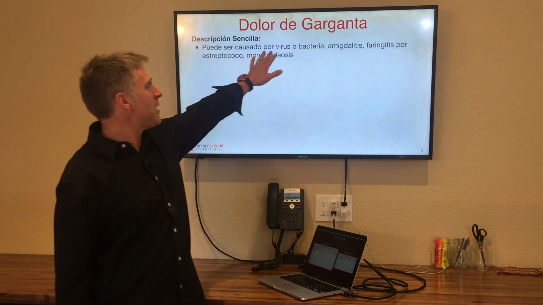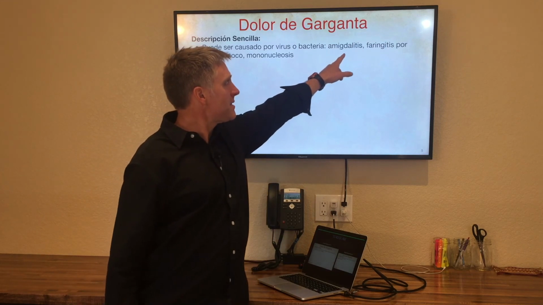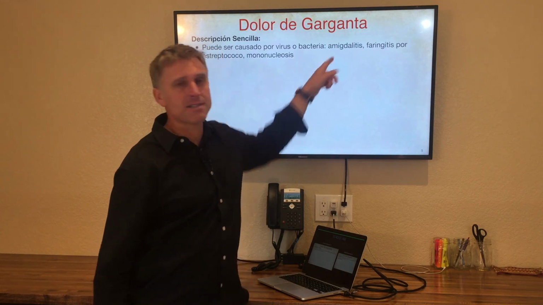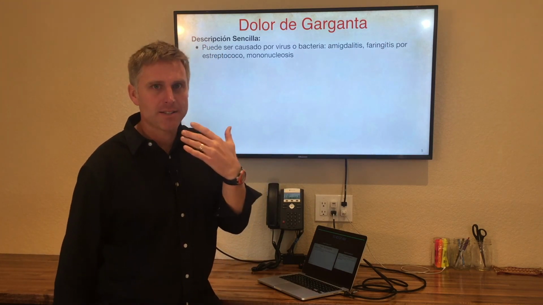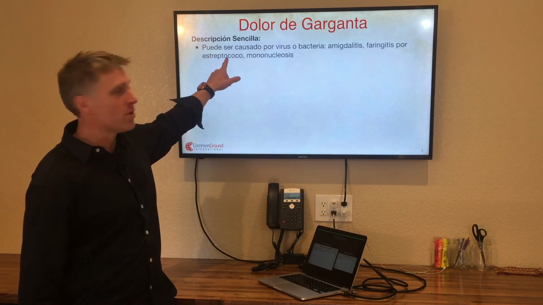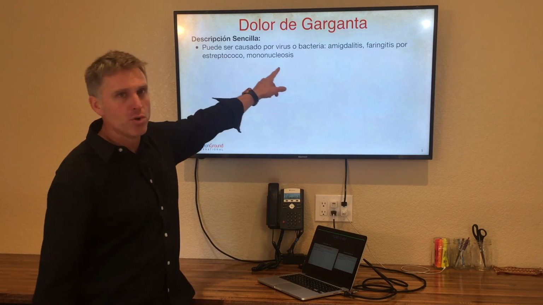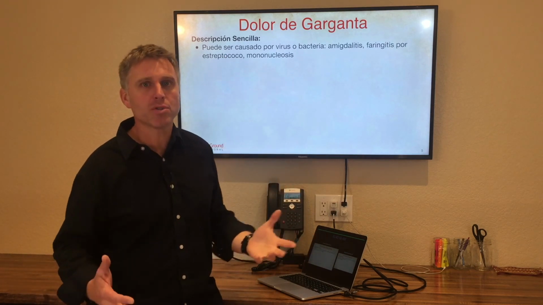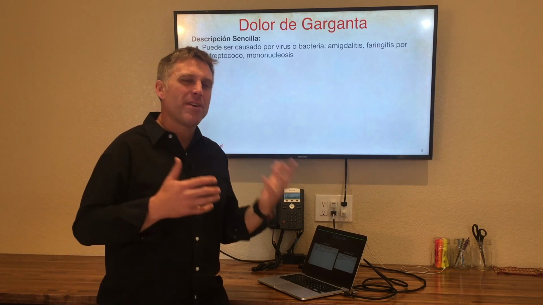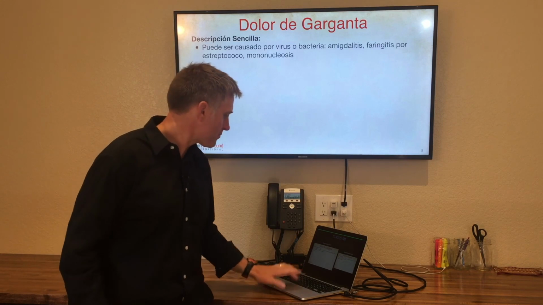Puede ser causado por virus o bacteria. Amigdalitis, tonsillitis, faringitis por streptococo, so strep throat básicamente, y mononucleosis son ejemplos de enfermedades que causan dolor de garganta.